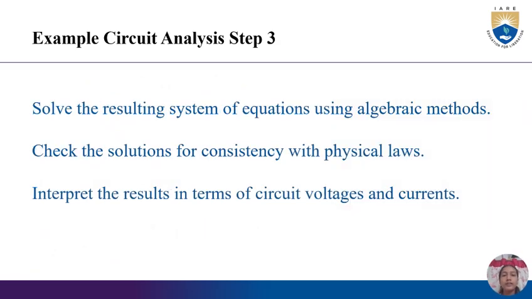Now step 3. Solve the resulting system of equations using algebraic methods. Check the solutions for consistency with physical laws. Interpret the results in terms of circuit voltages and currents.